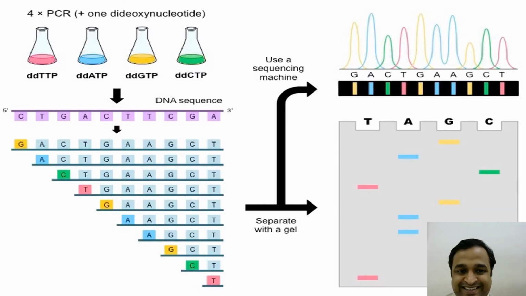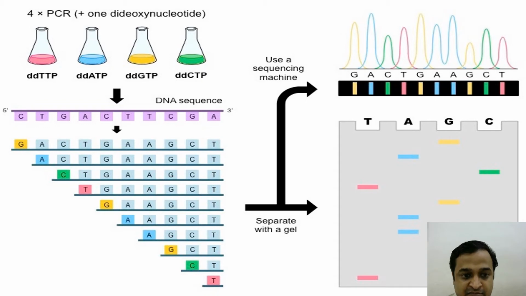So how exactly is it going to help us analyze the sequence using Sanger's method? Sanger's method has 4 different containers. The first contains the reaction mixture of the polymerase chain reaction along with dideoxy thymine triphosphate.